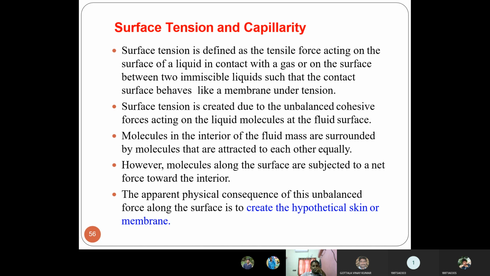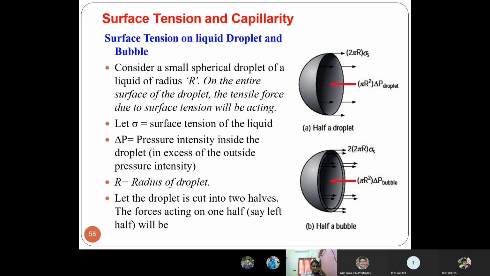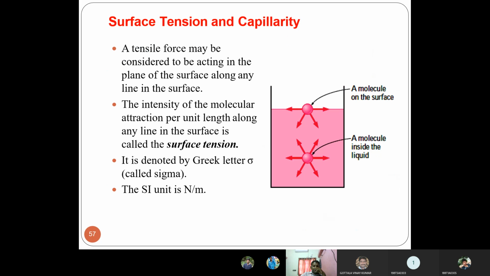Okay, see this figure, a surface tension. A tensile force may be considered to be acting on the plane of the surface along any line of the surface. In the liquid, we are seeing one liquid and concentrating on one or two important molecules. One molecule is purely submerged in the liquid and another molecule is floating on the surface. Understand?